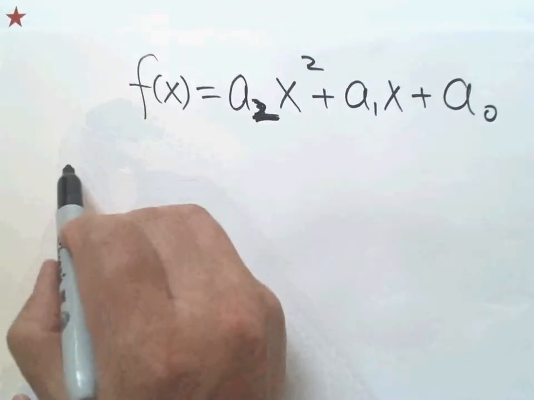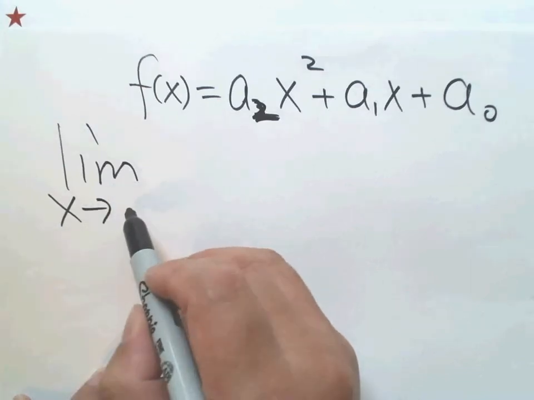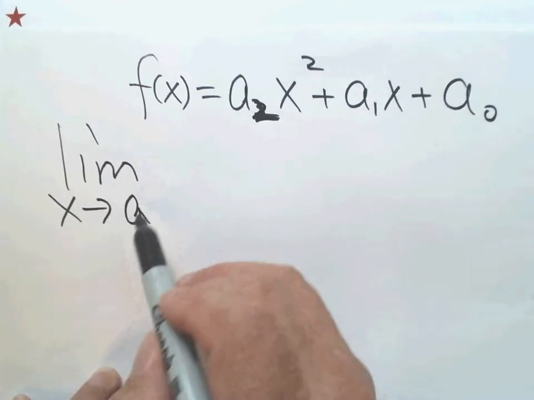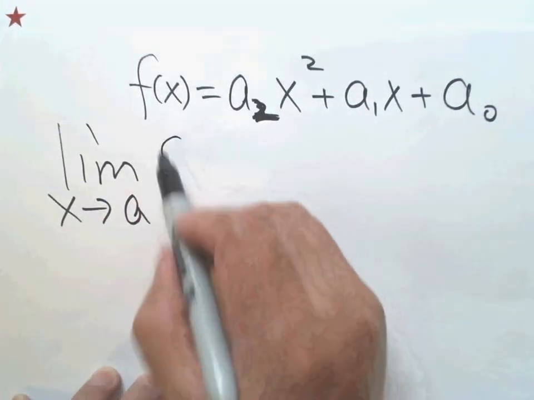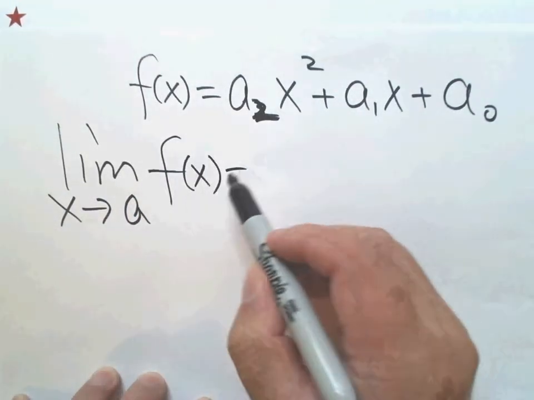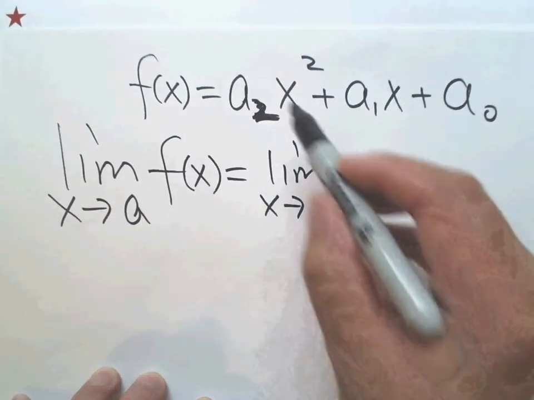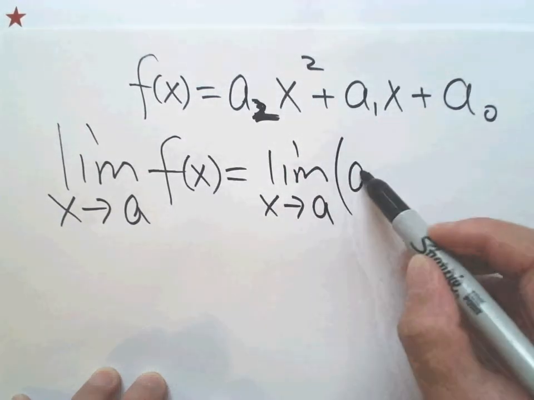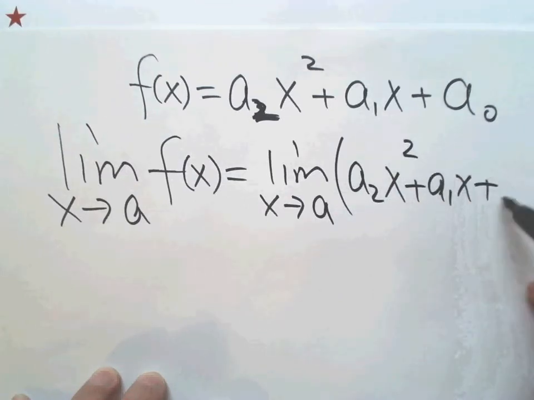What is the limit as x approaches a, where a is a constant number, of f(x)? It equals the limit as x approaches a of a2 x squared plus a1 x plus a0.